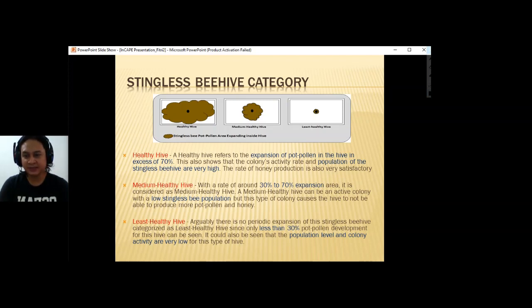Still we can say it is an active hive, but with a low stingless bee population. And the last and least is the least healthy hive, with less than 30% pot pollen. The population of the hive is really low for the colony's activity.